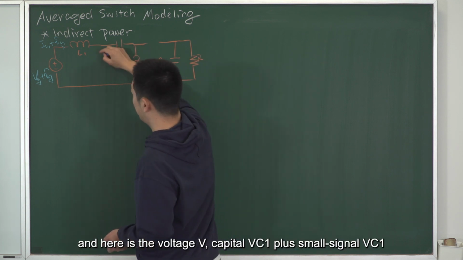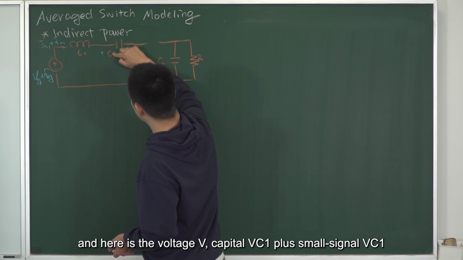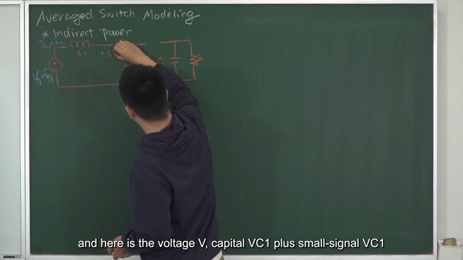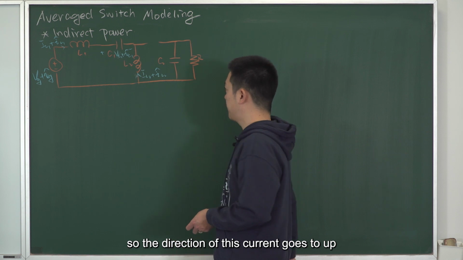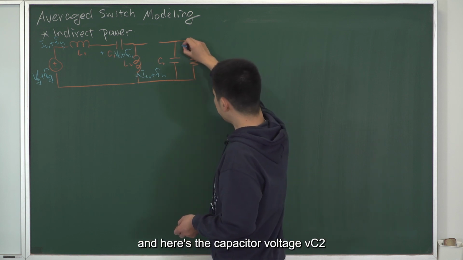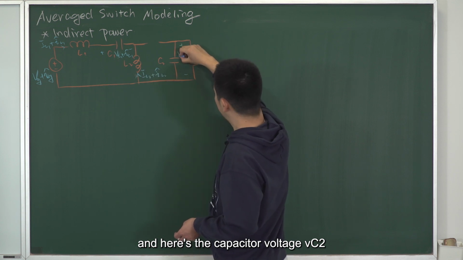And here is the voltage, capital V C1 plus small signal DC1. So the direction of this current goes up. And here is the capacitor voltage VC2.